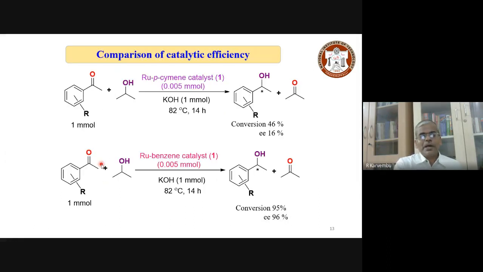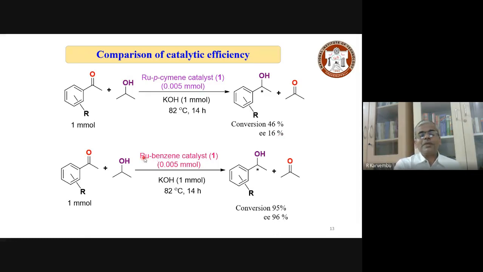I have just compared, to understand very clearly, after 14 hours, when parathymine is used as a catalyst, the conversion was only 46%, very moderate. And the enantiomeric excess is very, very low, only 16%.